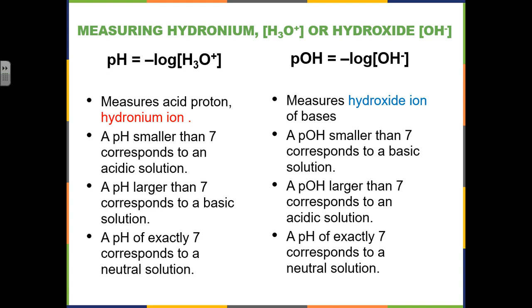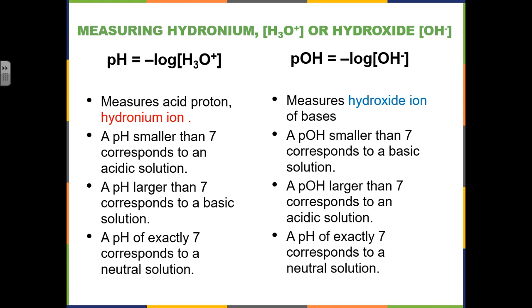Now, when you're looking at it from a pOH standpoint, you're going to have some rules that apply to deciding whether something is an acid, a base, or perhaps neutral. However, the rules are somewhat flipped. If you think about it like this, the base is what's measured.